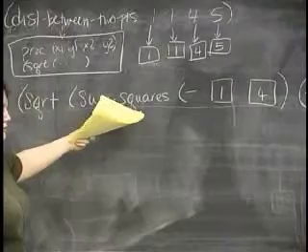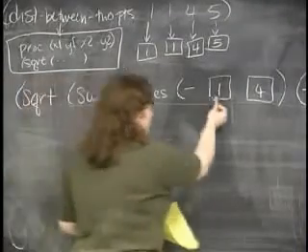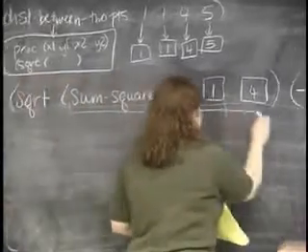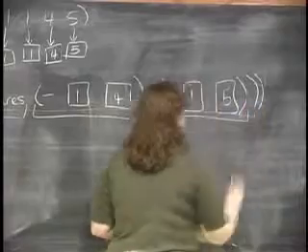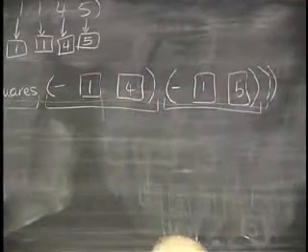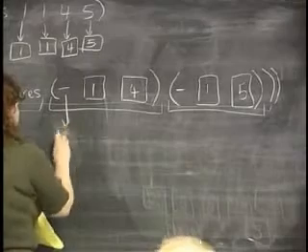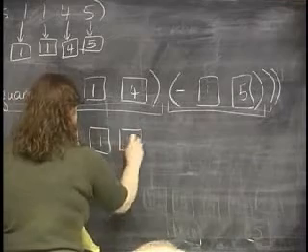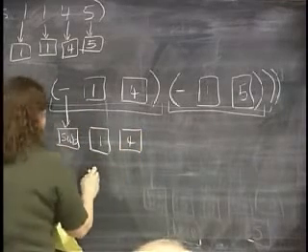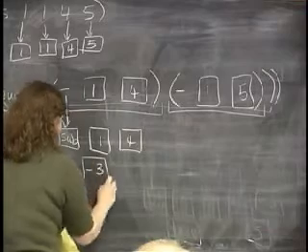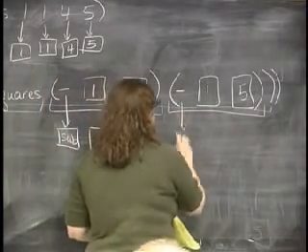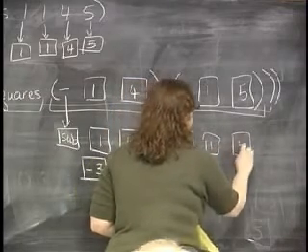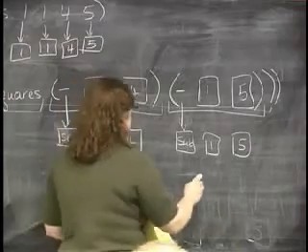To evaluate this sub-expression, we're going to evaluate its sub-expressions. There are three of those: sum squares, minus 1 4, and minus 1 5, in any order. Subtract 1 and 4, giving us minus 3. We're going to subtract 1 and 5, giving us minus 4.